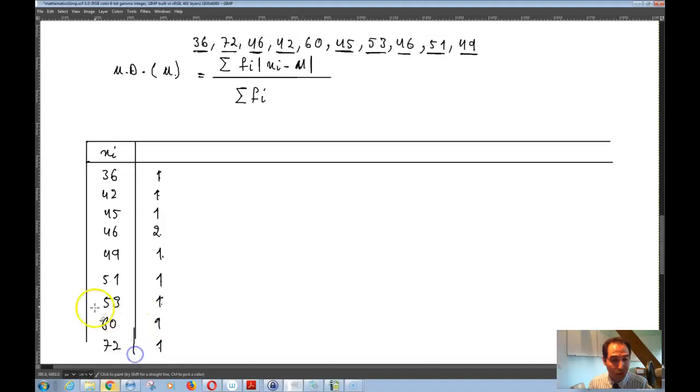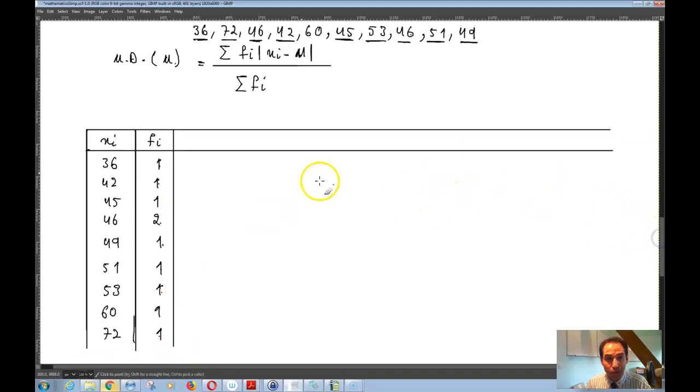So in total I have 1, 2, 3, 4, 5, 6, 7, 8, 9, and 10 observations, and this is the frequency of those observations.